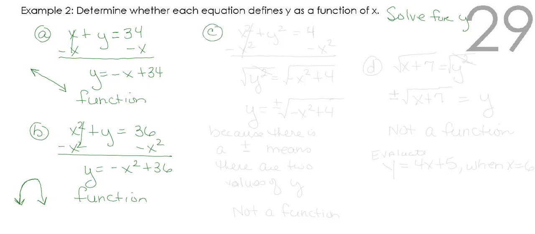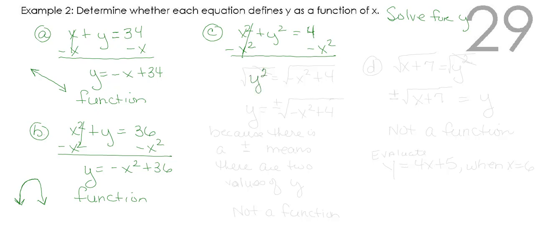C, here we go. X squared plus y squared is equal to 4. All right, so we have an equation. We want to solve for y, and in doing so, we're going to subtract x squared from both sides.